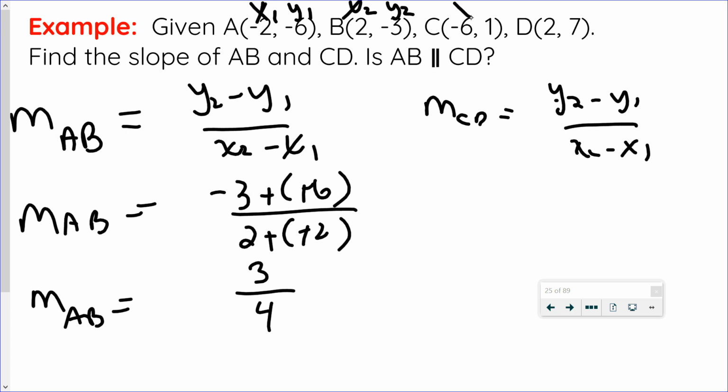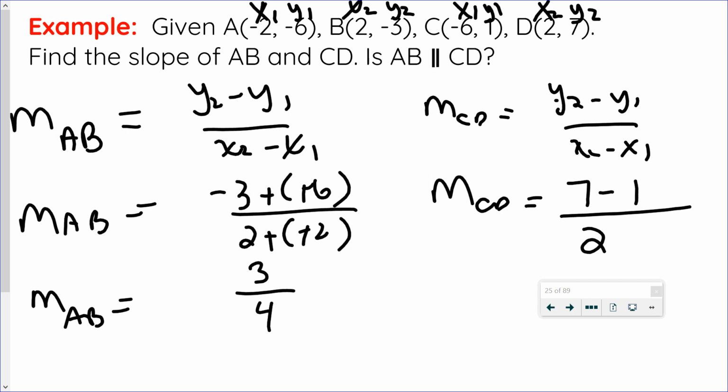I'll call this one my first point, so that's x1, y1, and I'll call this one my second point, x2, y2. So the slope of CD is y2 minus y1 over x2 minus x1.